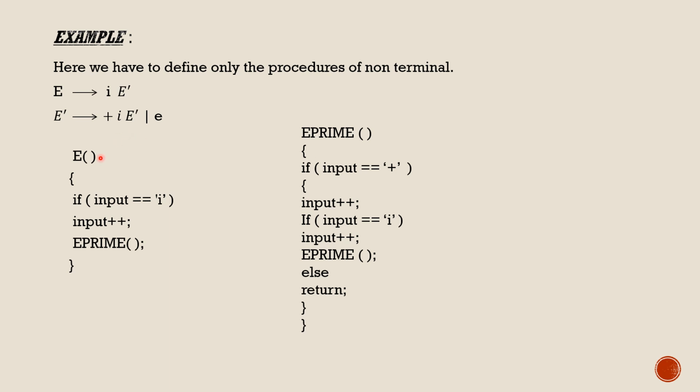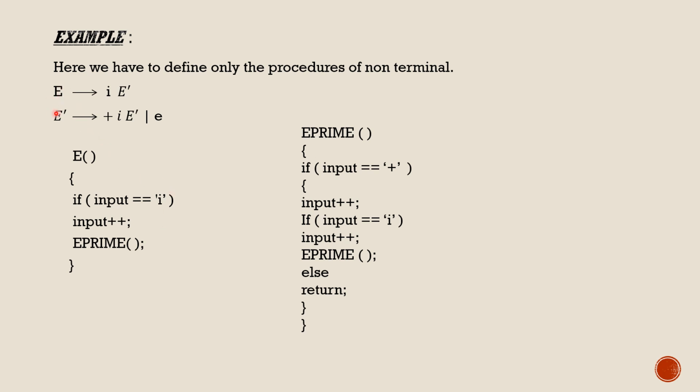If input equals i, we do input plus plus, which means incrementing the input pointer. If it is a terminal, we have to increment the input pointer.